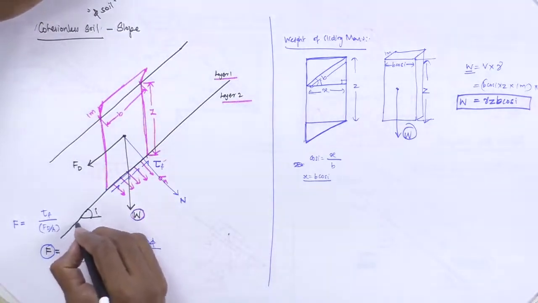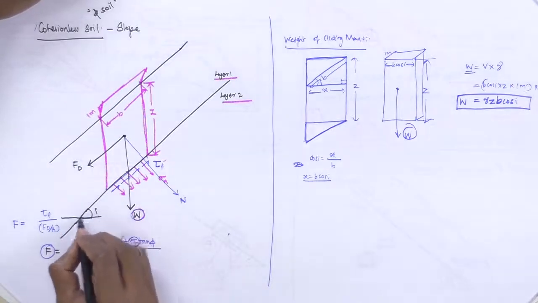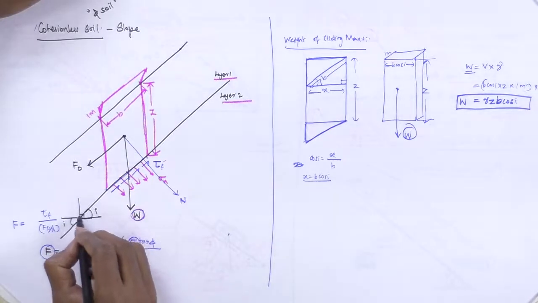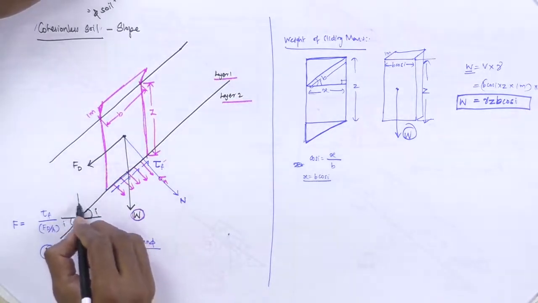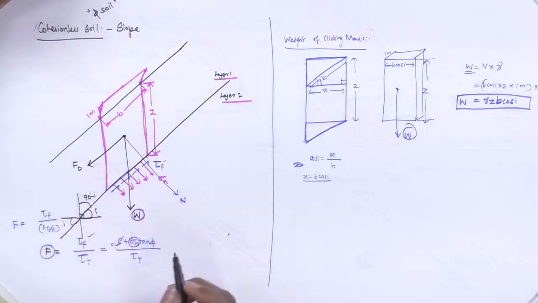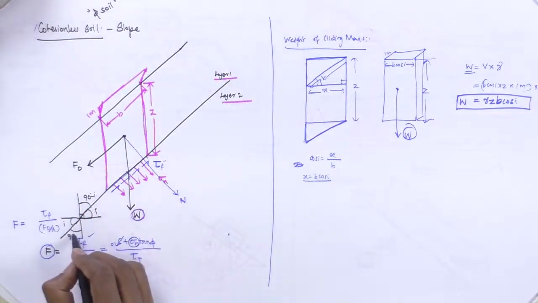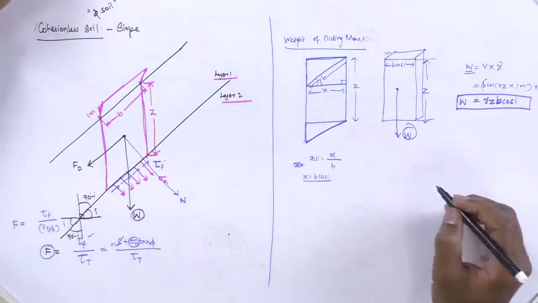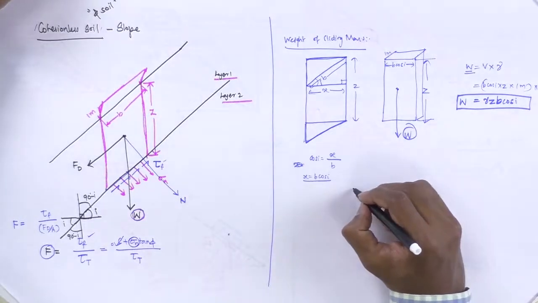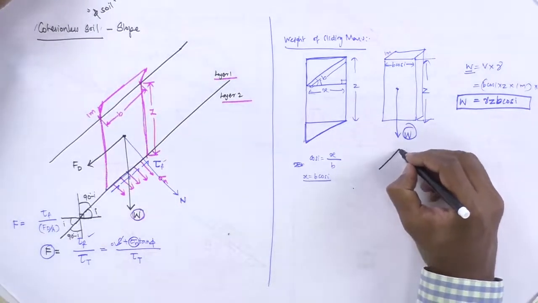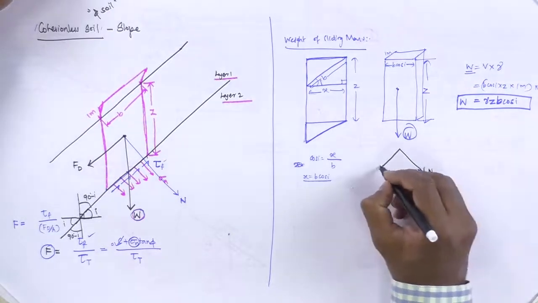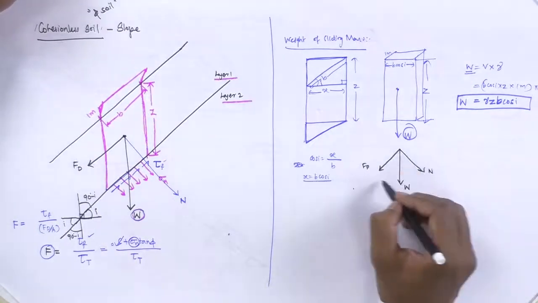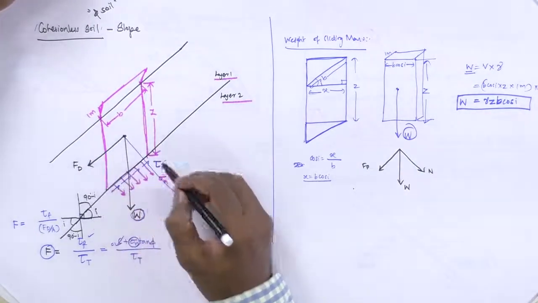Before that, if I draw a horizontal line, this is i, and this is also i. If I draw a vertical line, this forms 90 degrees. If that is 90 degrees and this is i, this is going to be 90 minus i. This is also going to be 90 minus i. So what I am coming to say is, along the slope, this is N, this is F_D and this is W. So look at what I have drawn here.